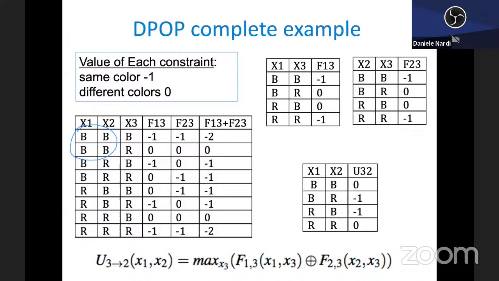Okay, so we can choose x3 when x3 will be making the choice. If it chooses red, in the case where x1 and x2 are blue, then it can get a total cost of 0. And the same is for the other combinations.